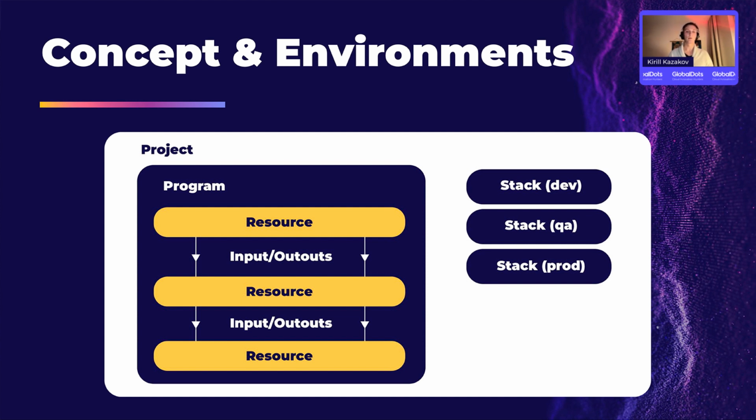Now let's talk about the logical structure of Pulumi. This diagram illustrates the structure and major components of Pulumi. Pulumi groups infrastructure in the form of projects. A project is some piece of infrastructure, for example, the entire network stack of an application in the cloud, or a collection of AWS S3 buckets.